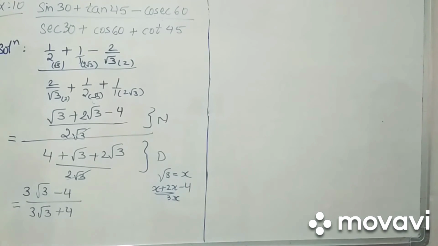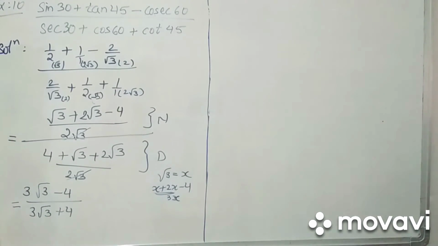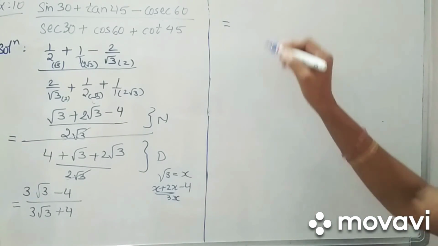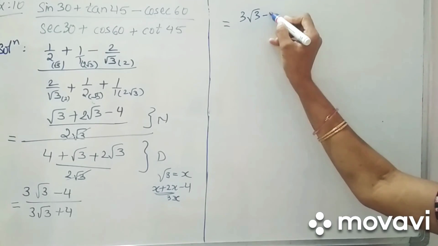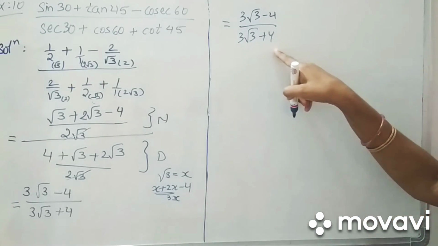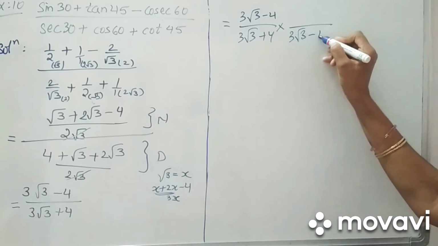Now, from the 9th standard you know that in the denominator, roots will not remain when presenting the answer. So I have to simplify it further. How will I do it? By rationalizing the denominator. What is the meaning of rationalizing the denominator? We have 3 root 3 minus 4 upon 3 root 3 plus 4. In the denominator, the same numbers but the sign in between, the middle sign, is opposite.